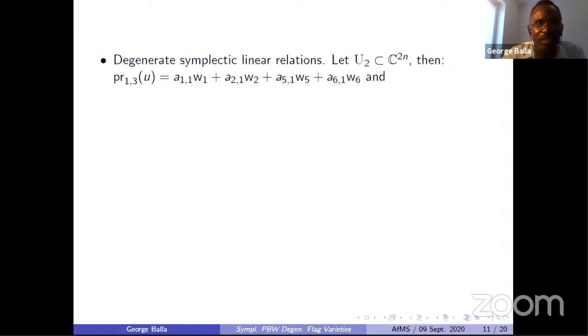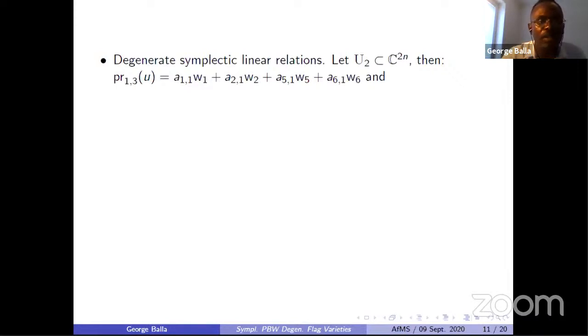two-dimensional subspaces. We need the projection of this subspace to be isotropic, the first projection we gave. So like we saw before, we had some vectors generating this subspace U2. We can take the same vectors U and V, but now we are going to project using the previous projection we had, PR13, which projects on the second component.